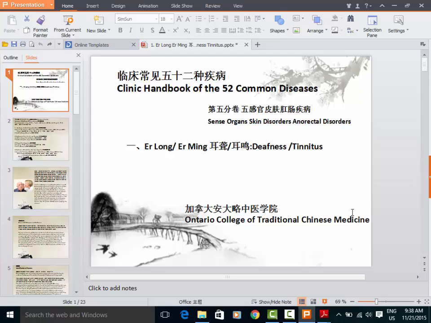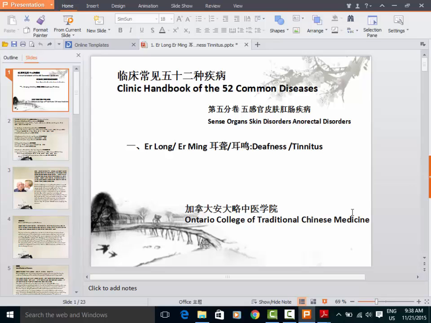Okay, that's one type, and that's high or low pitch tinnitus, mostly. Okay, what about a kidney yin deficiency? The difference in old age. Yeah, so kidney yang deficiencies tend to cause low pitch tinnitus, that kind of droning ringing in the ears.